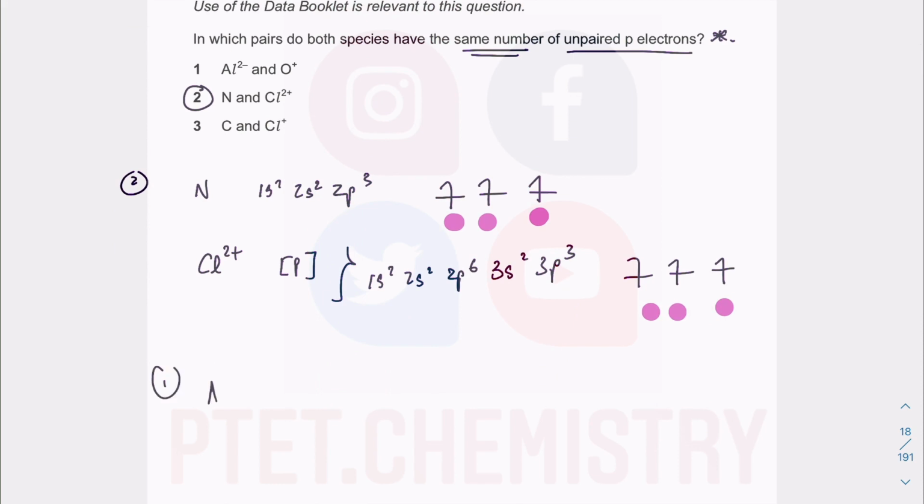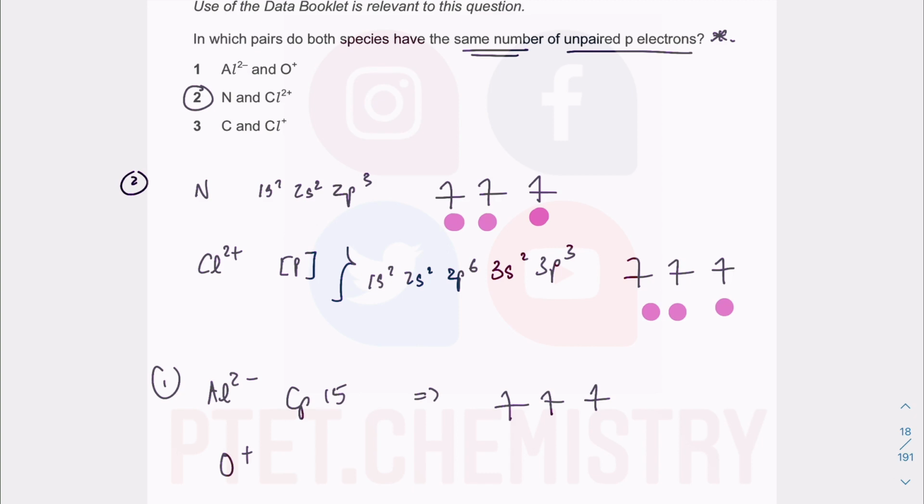Number 1, Al2 minus will give me aluminium. It will give me the same as group 15. Okay, it will give me something like phosphorus. So I'll get something similar to that, which is 3p3. So that was the phosphorus configuration, right? So I don't need to do that again. Oxygen plus, oxygen is group 16.